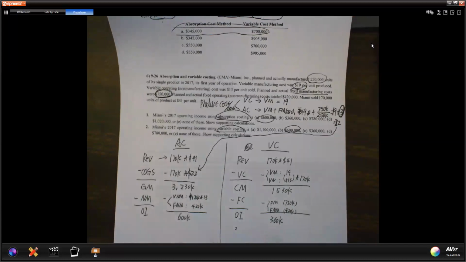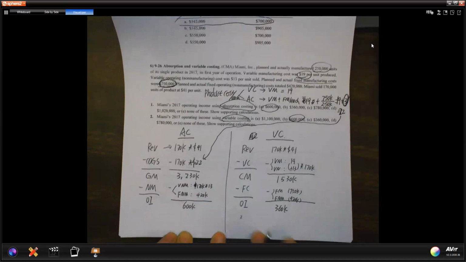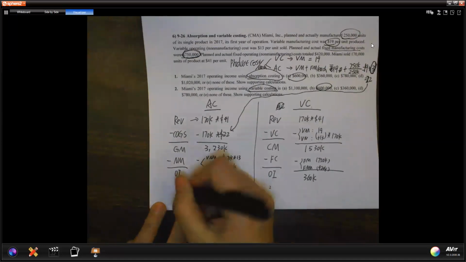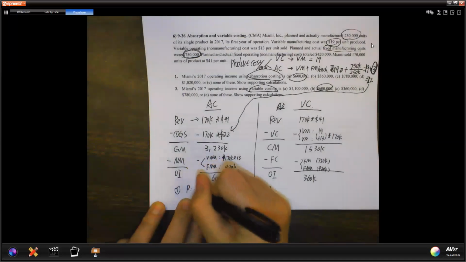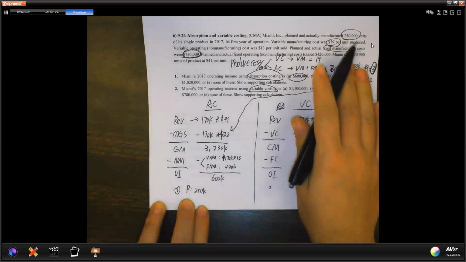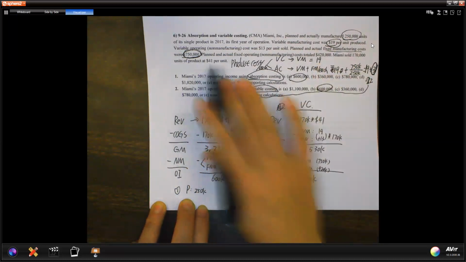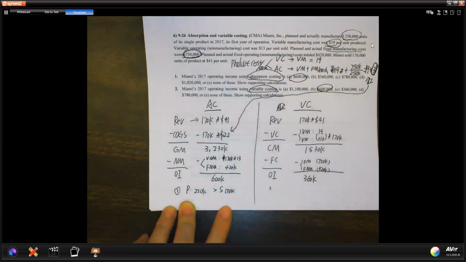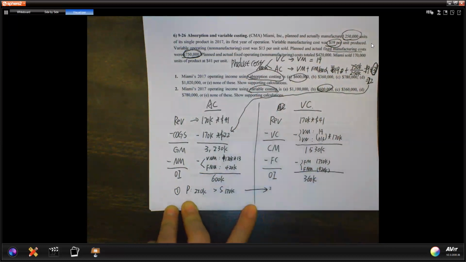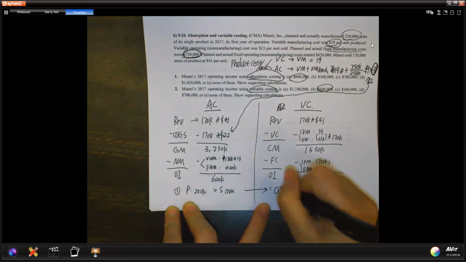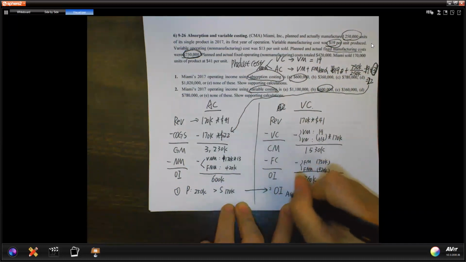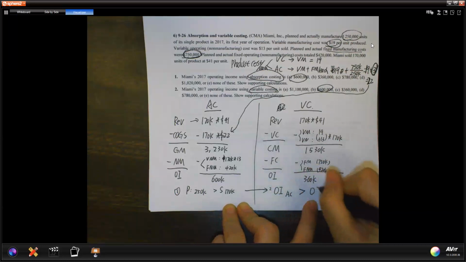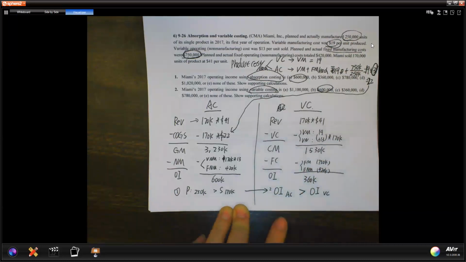So what we need to know: the first thing is we produced 250,000 units, but we only sold 170,000 units. When our production is more than our sales, our operating income under absorption costing is higher than under the variable costing method. Why?